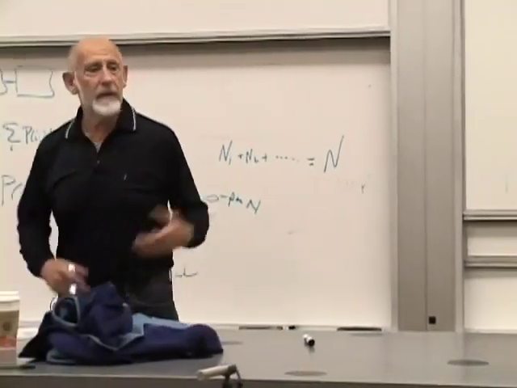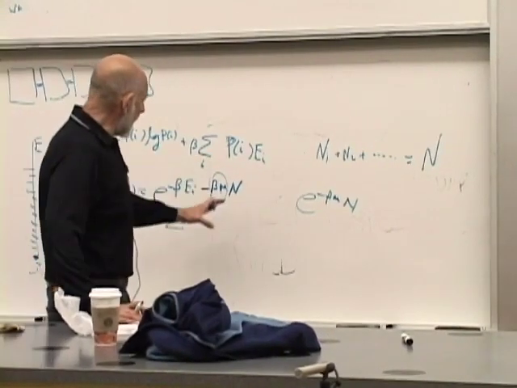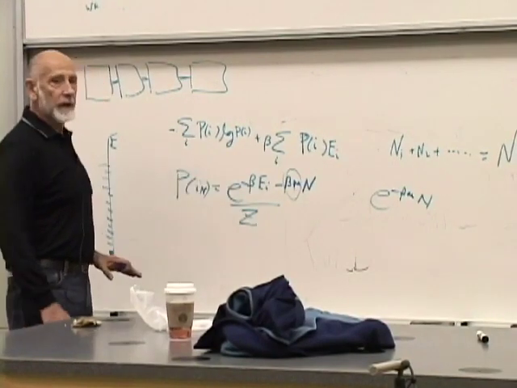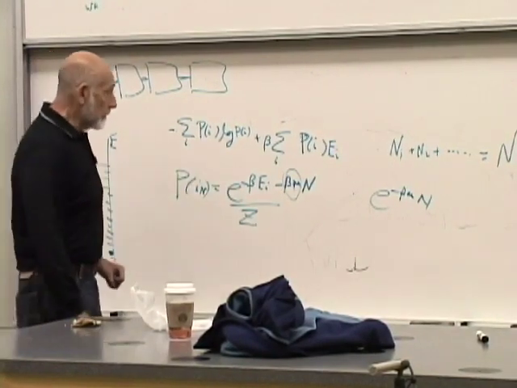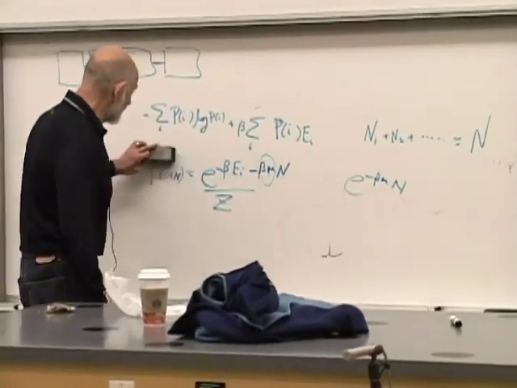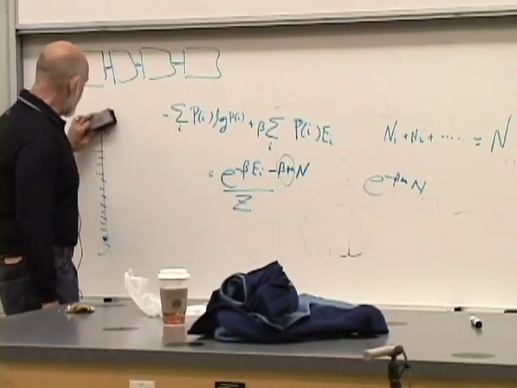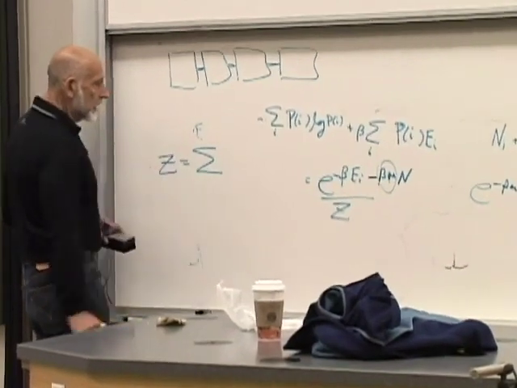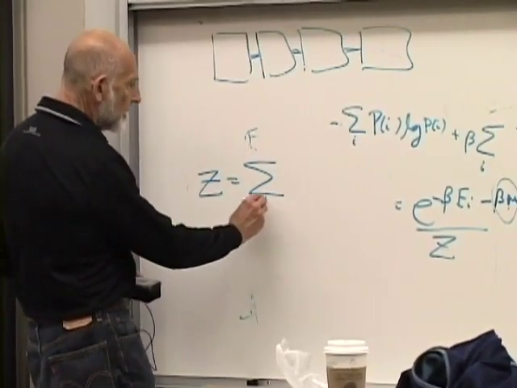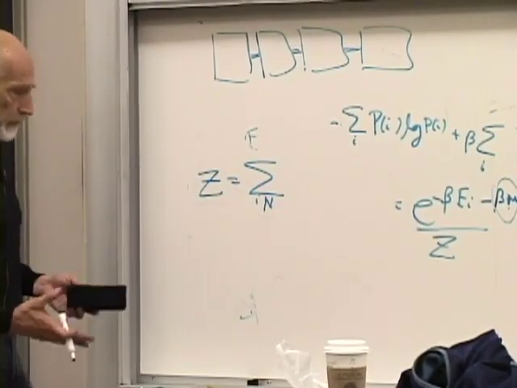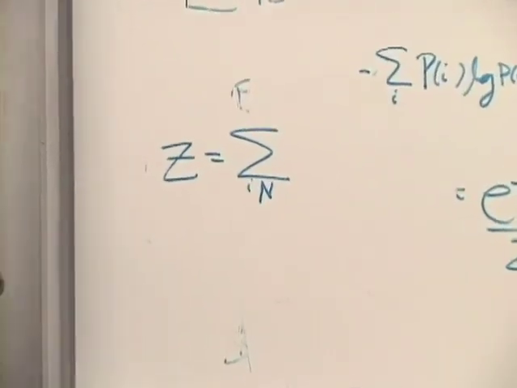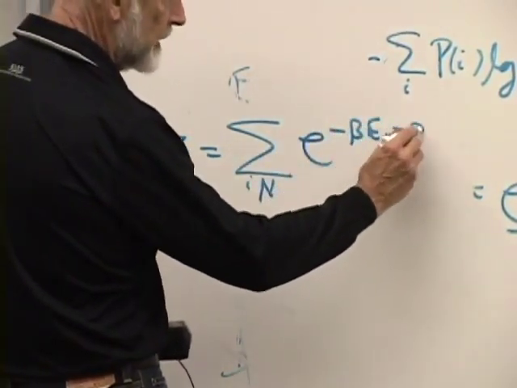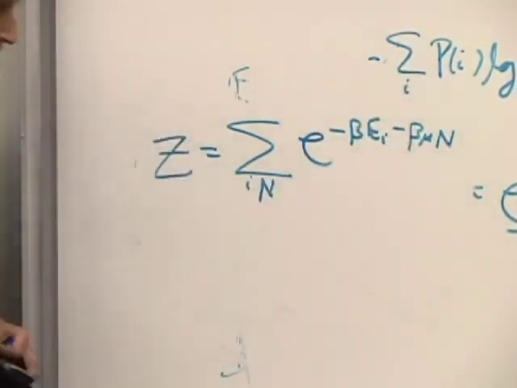How do you change, mathematically, in terms of the statistical mechanical partition function, oh, incidentally, the partition function Z, let's think about the partition function Z. The partition function Z satisfies Z is equal to the sum over all of the states of the system and the number of particles in the box, and the various states that the particles can be in, of e to the minus beta E sub i minus beta mu times the number of particles in the box.